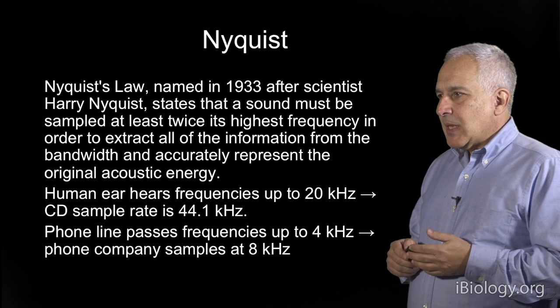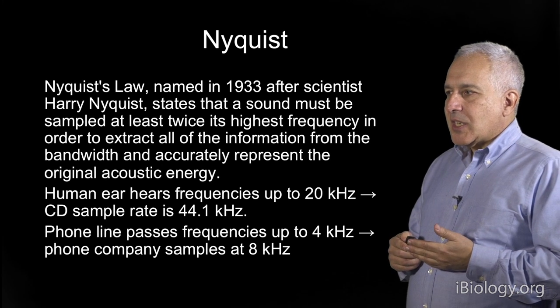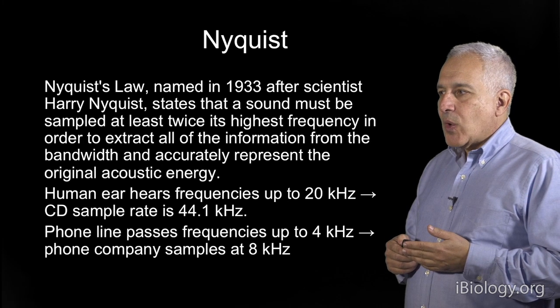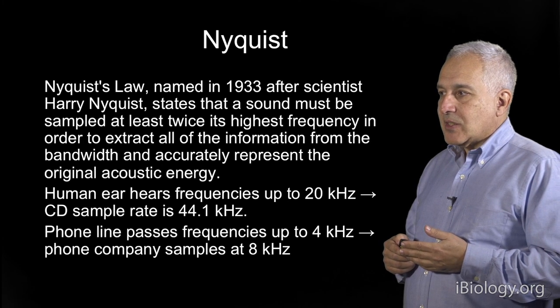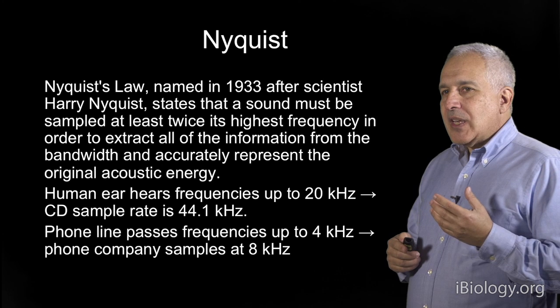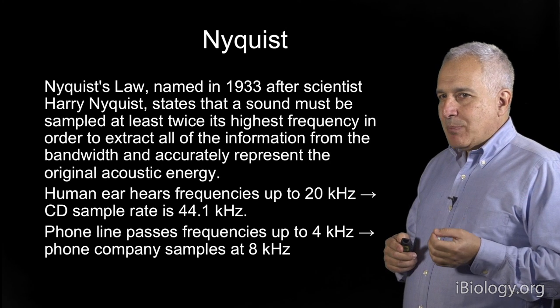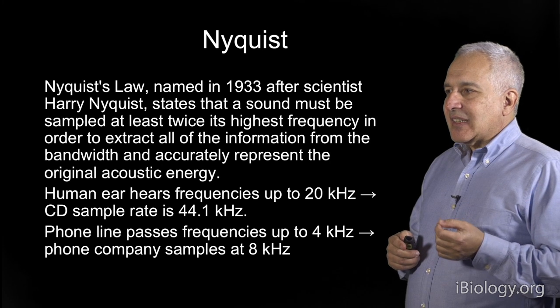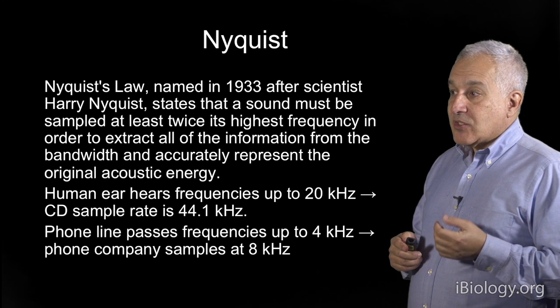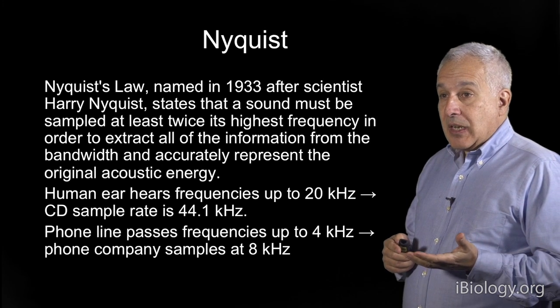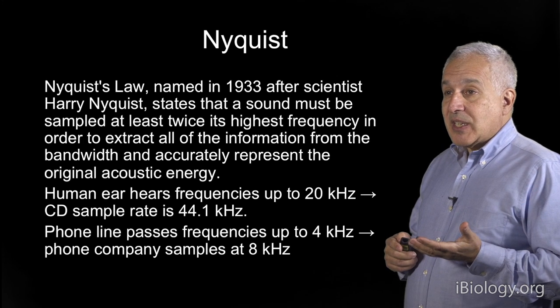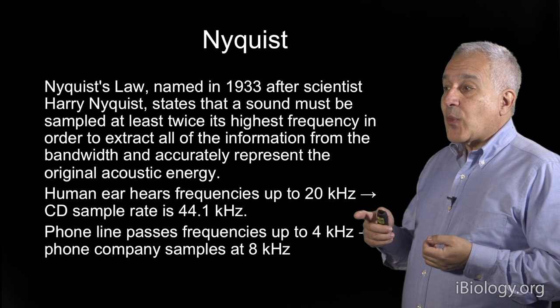So his idea was, for example, if the human ear can hear frequencies up to 20,000 hertz, 20 kilohertz, then if you want to hear those frequencies without artifacts, you're going to have to sample that sound at least twice that frequency. And so a modern CD that is a high fidelity recording is at 44 kilohertz.